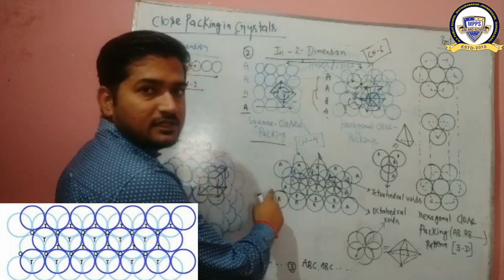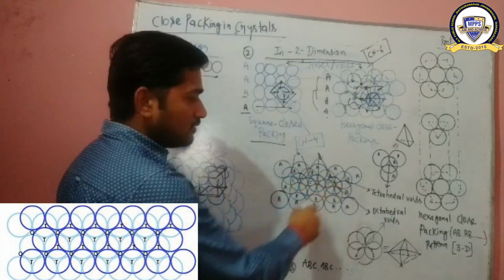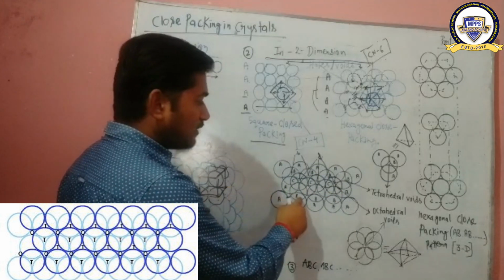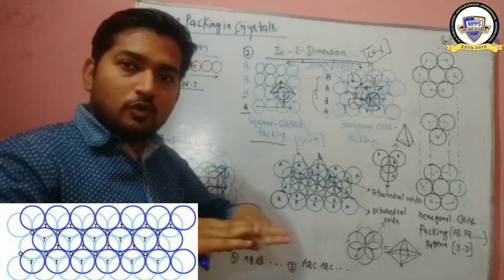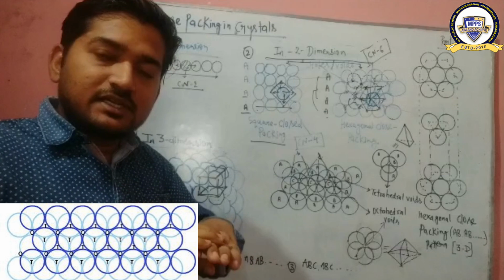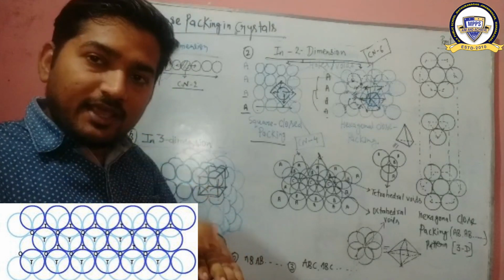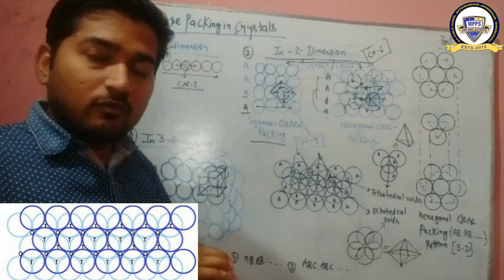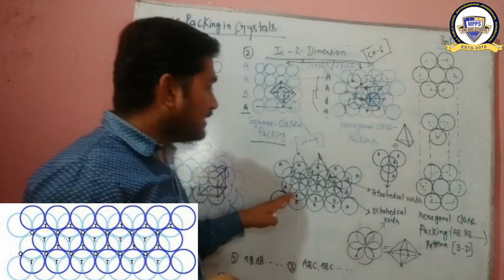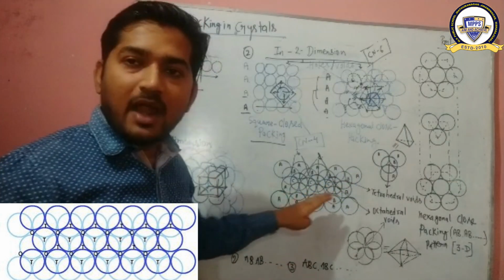If you look at this diagram, A is the first layer and B represents the second layer. So B layer is arranged on the voids of A layer, and that's why they arrange in a definite pattern.